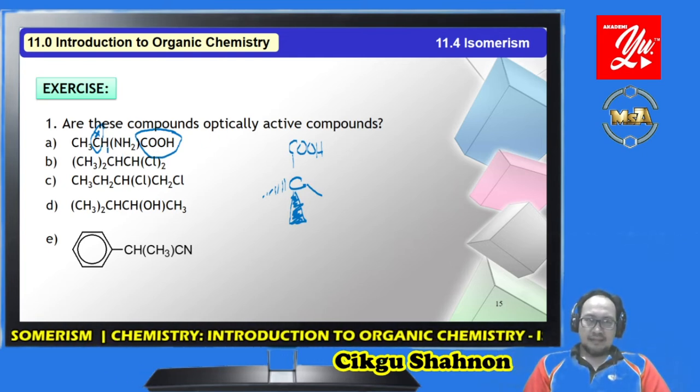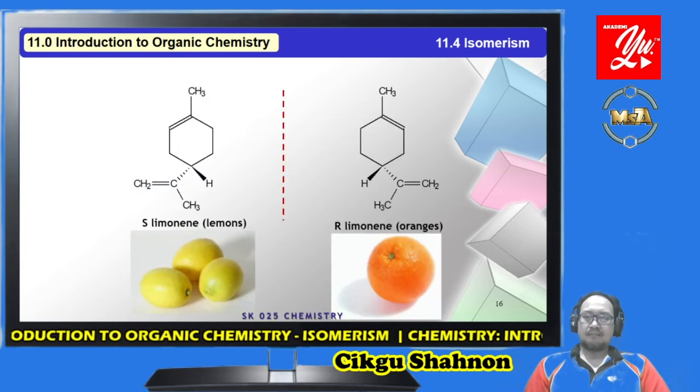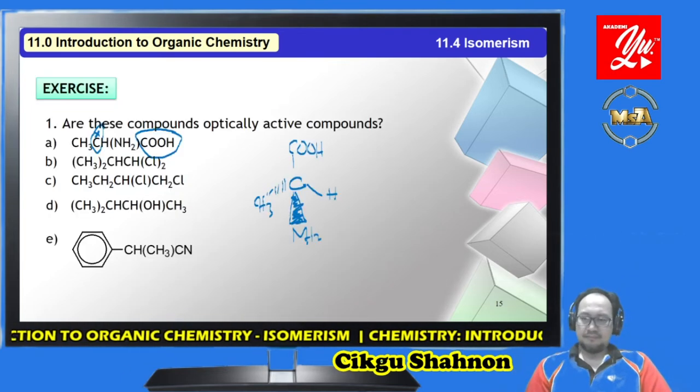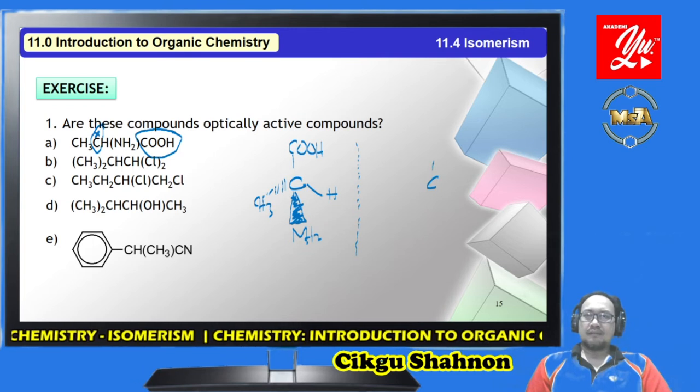And the rest, I have an H here, CH3 here, and NH2 here. Now I just draw the mirror image of this compound like this.